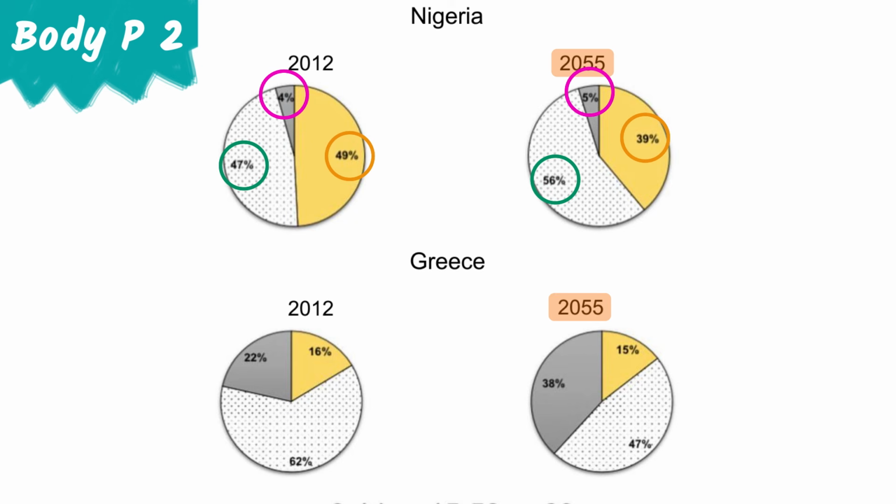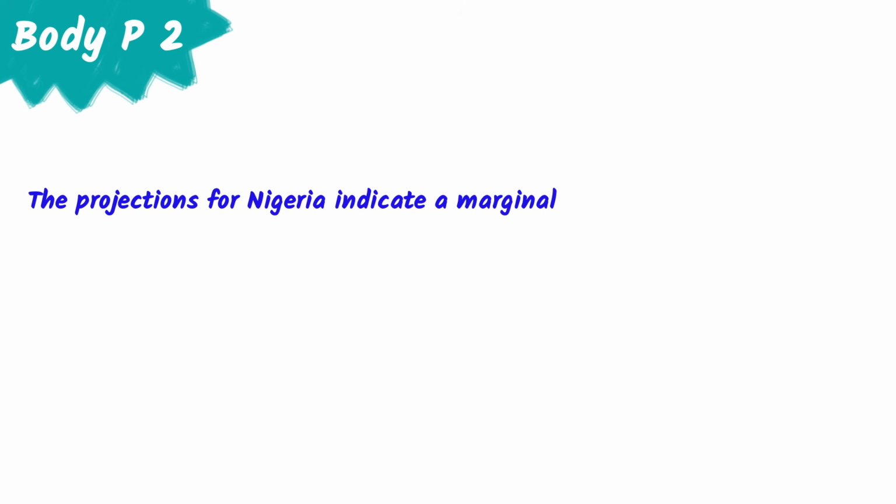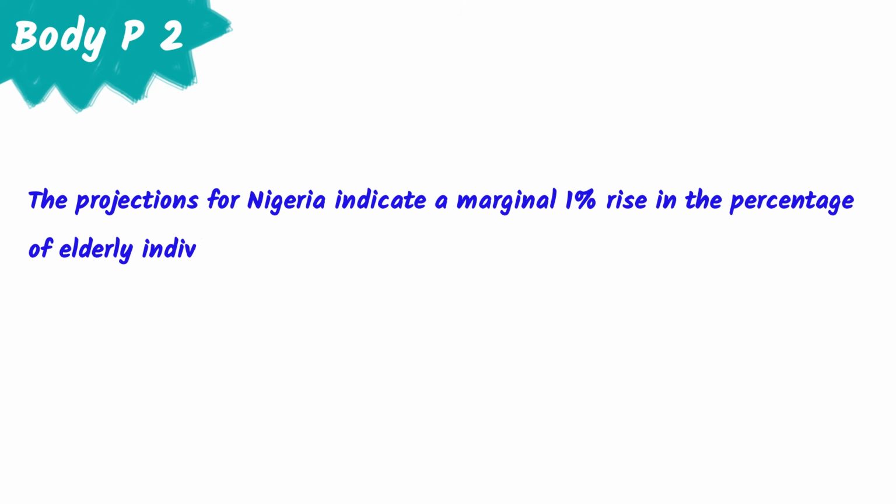So this is another great way which you can also use in writing your report. Because I'm going to talk about my projections for both countries, I start the paragraph with a phrase like the projections. The projections for Nigeria indicate a marginal, because it's very low, marginal 1% rise in the percentage of elderly individuals.